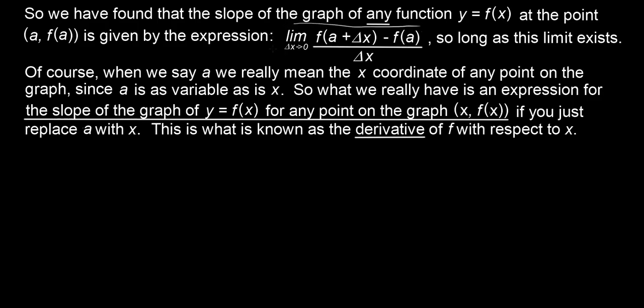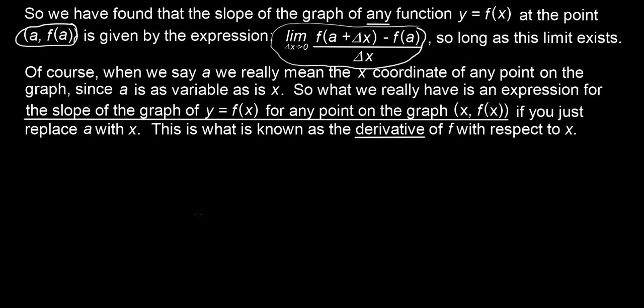So there's that expression for the slope of the graph of some generic function at the point a, f of a. And as we recognized previously, a, f of a is generic as well. a is not any special value. It's just the x-coordinate of a point on that graph. So what we're really saying is that we have an expression for the slope of the graph of some generic function f of x at any point x, f of x.